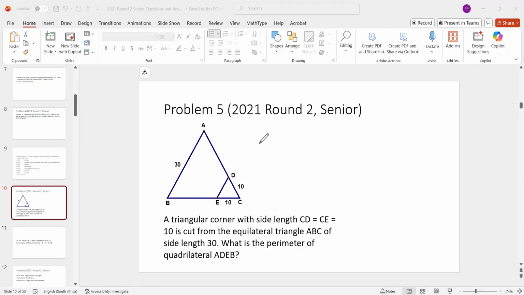The perimeter of the triangle is 90, because you've got 30, 30, 30. But the triangle has got, in addition to this one here, which is in that quadrilateral, a trapezium actually. In that trapezium, you've got two extra 10s. And this 10 is included in your trapezium. So it's actually 90 minus 10.